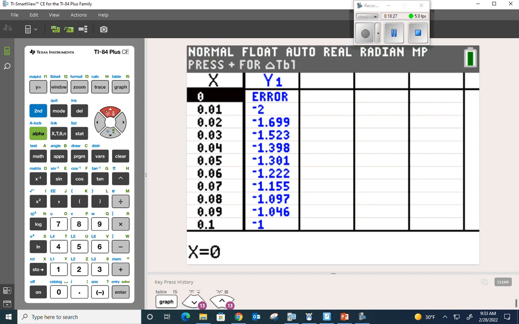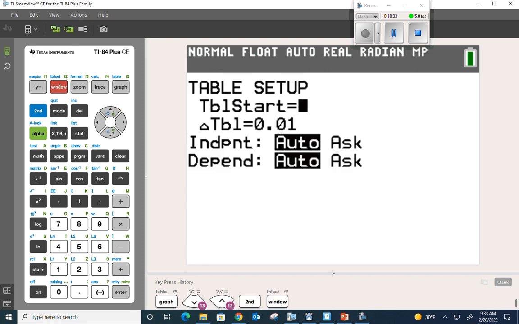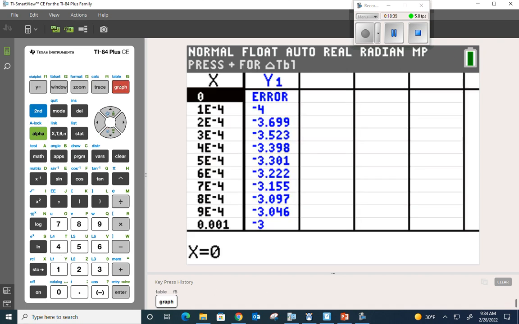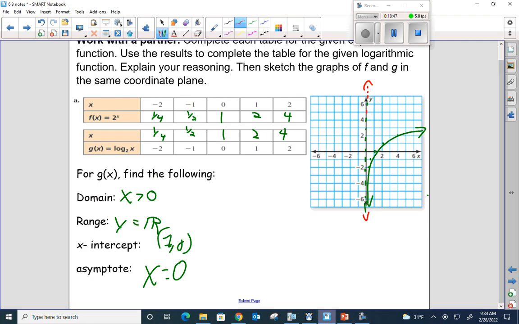Not a 0. It goes right up really close to 0. Never gets to 0. If I go even more extreme, I've still got y values here, but the calculator itself does a terrible job of displaying them.